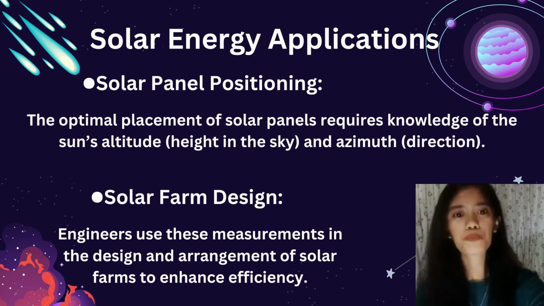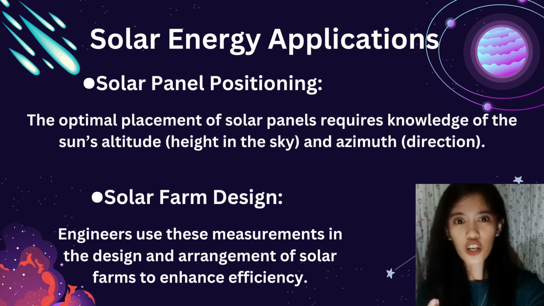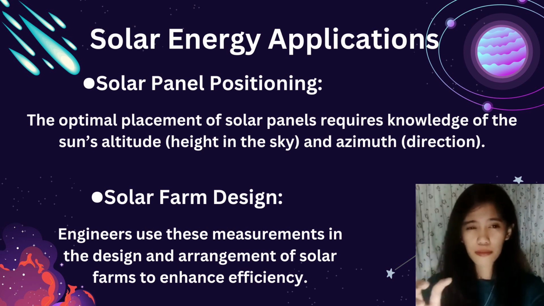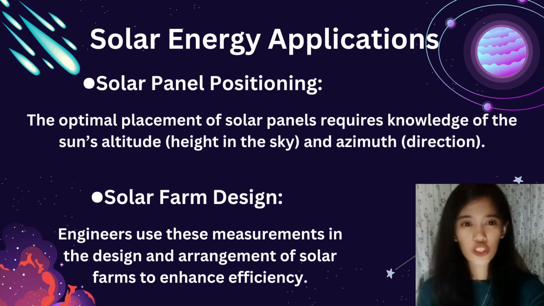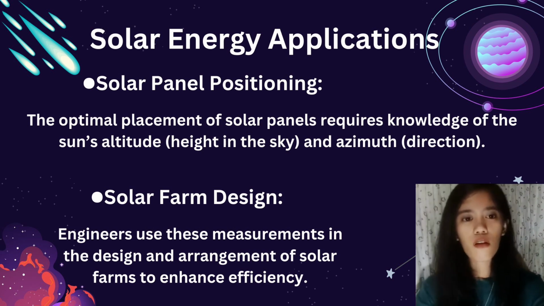Basically, solar collectors are positioned to face the sun directly, which may require an adjustable tilt and orientation, like the azimuth, based on daily and seasonal changes in sunlight availability.